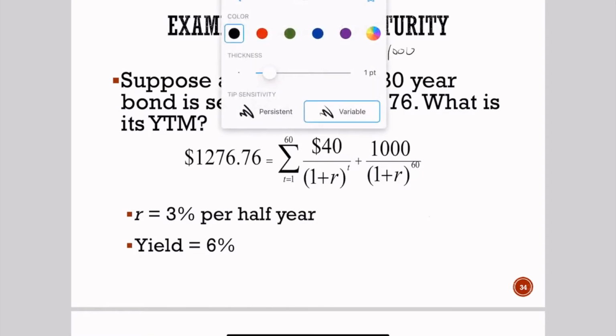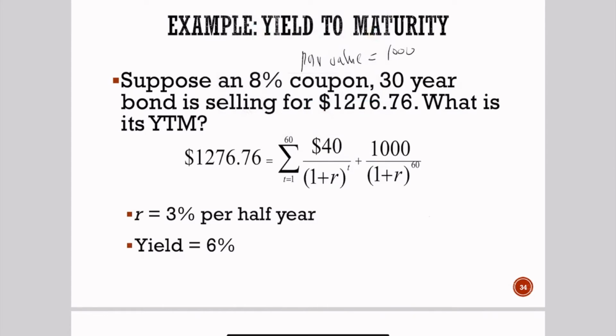Now you can see that we could use these four inputs to find out the yield to maturity. So we could use the bond price, par value, number of periods, and per period payments. Right? So four inputs, we could get one output, which is the yield.